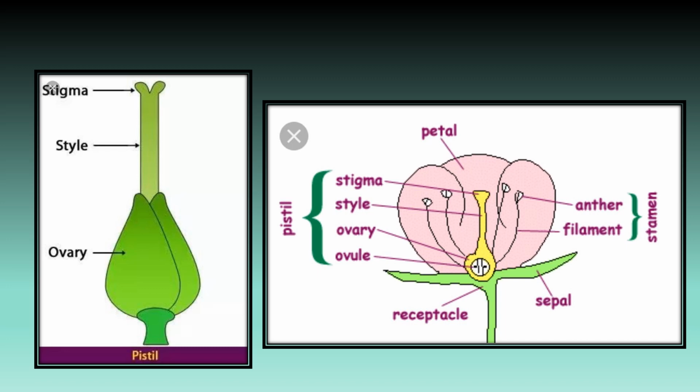It consists of a small sticky disc-like structure, you will be able to see in the picture, called the stigma. On the top, the stigma runs into a long tube-like structure called the style and a swollen base called the ovary. The ovary has a number of small bead-like structures called the ovules.